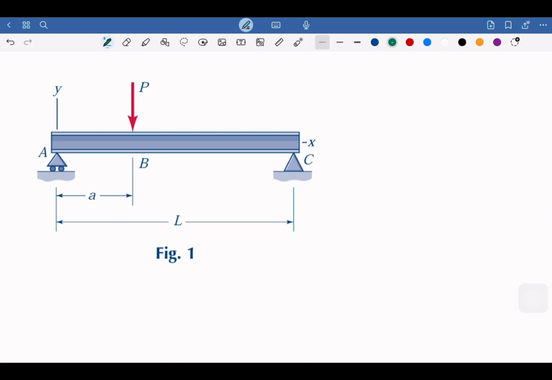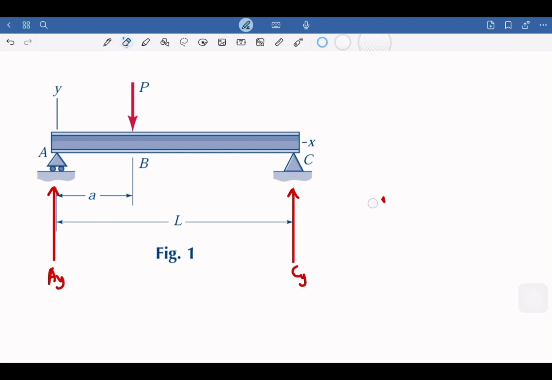Now, because we have both the roller support and the pin support, they are going to have reactions. Because there is no horizontal force, I will just write the vertical axis. So this is AY, this is CY. If I wrote the CX, it's meaningless, right?